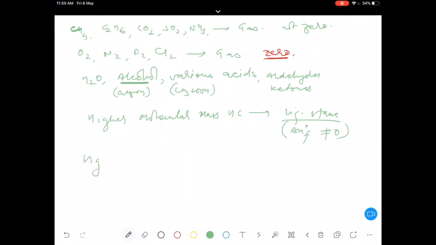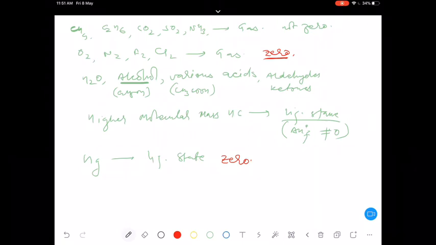For mercury, the standard state is liquid state and standard heat of formation will be 0. Any confusion, any doubt?